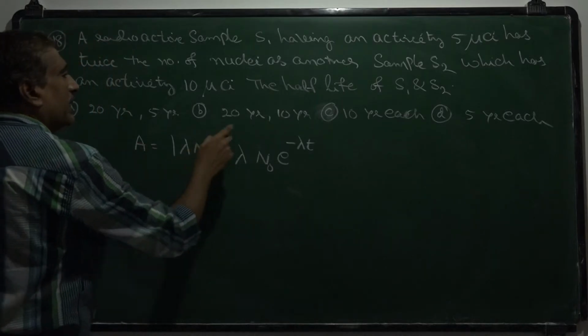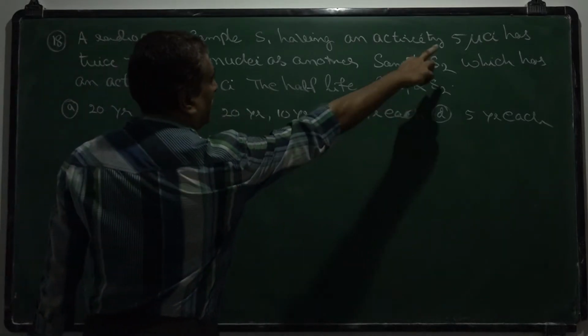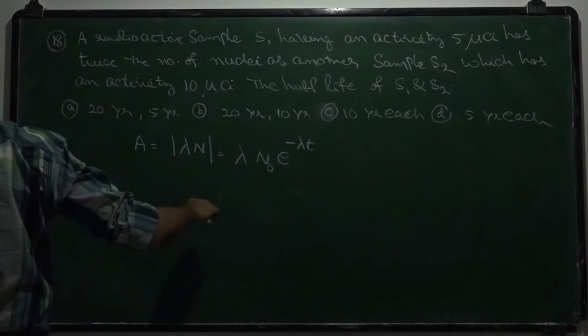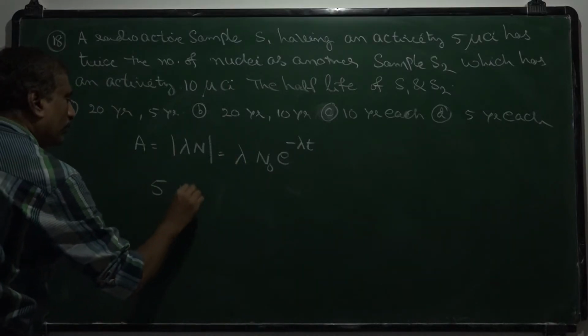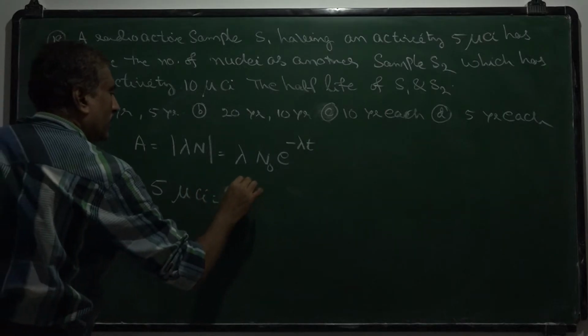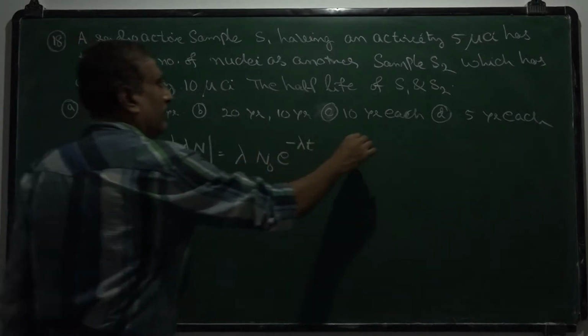So given this activity of the first sample as 5 microcurie, 5 microcurie is equal to lambda 1 n.